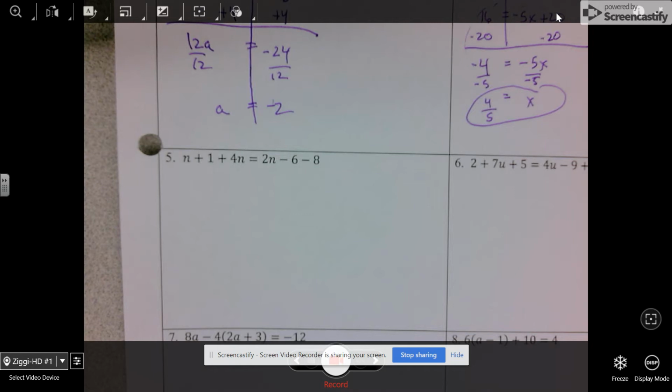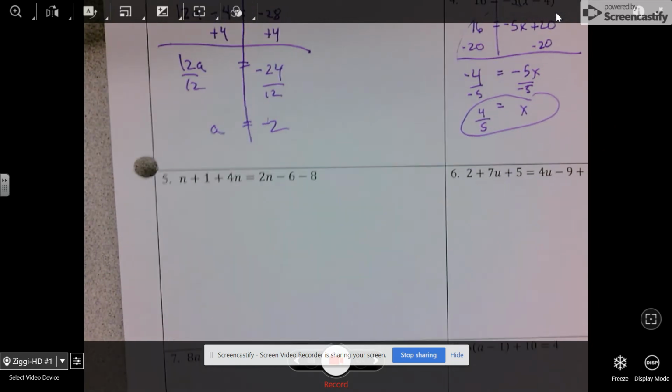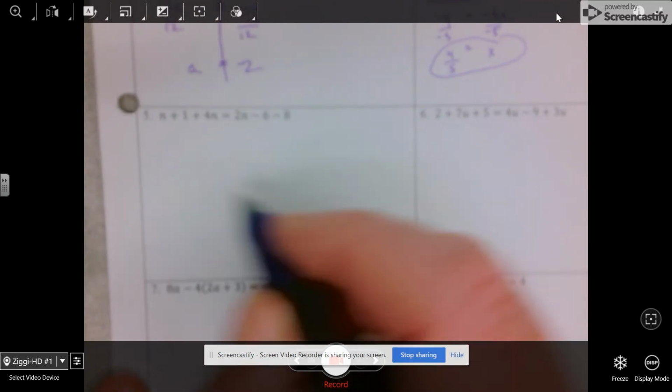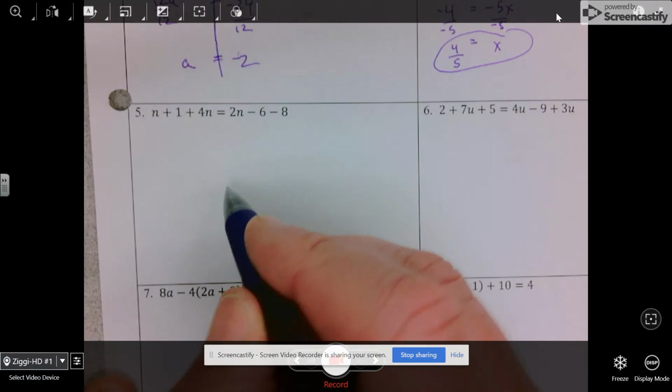Okay, so how does the problem change here? This new one, I see I have variables on both sides and I have multiple variables. So I've got to do a little bit of planning first here.